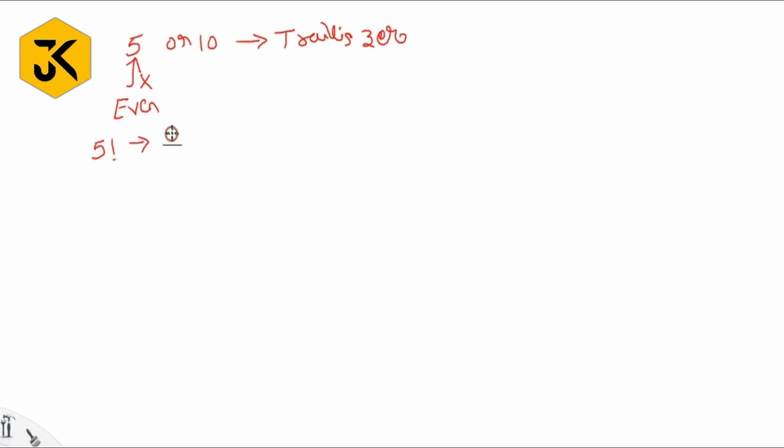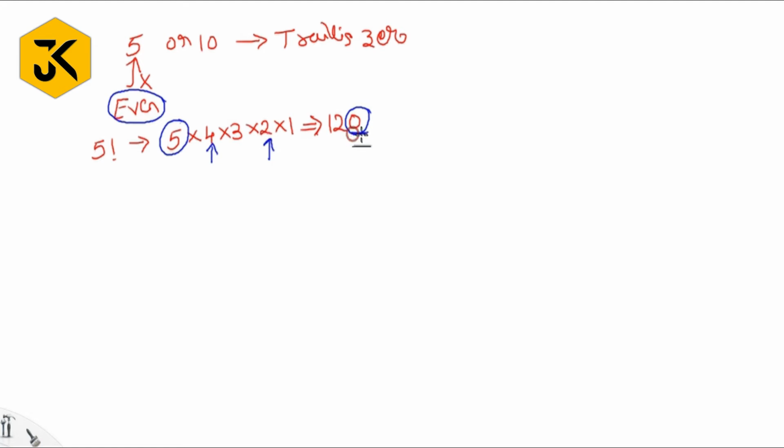The 5 factorial value is 120, right? 5 multiplied with 4, 3, 2, 1 gives the result 120. Why did you get one trailing 0 here? You got this trailing 0 because of the existence of this value 5, and also because of the existence of at least one even number. This is an even number, this is an even number. So 5 into 4 is 20, or 5 into 2 is 10.